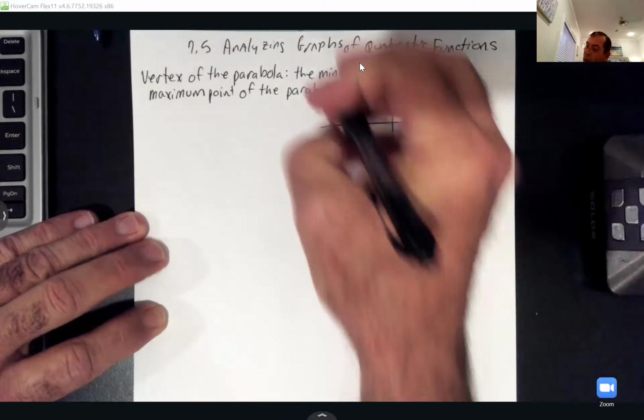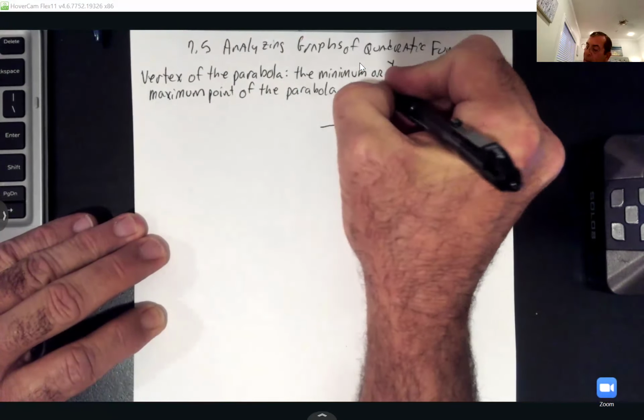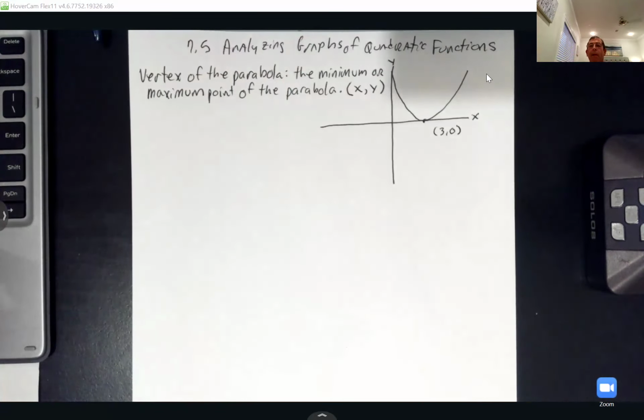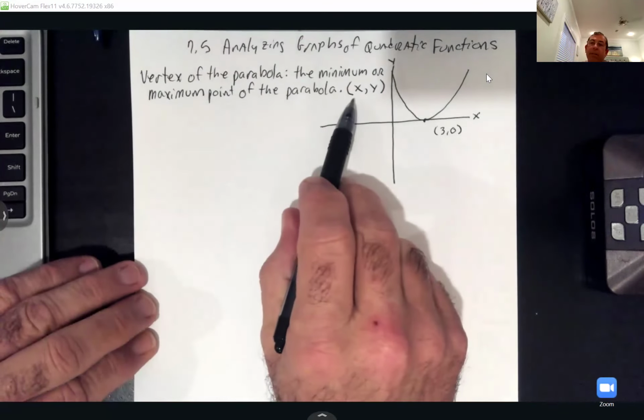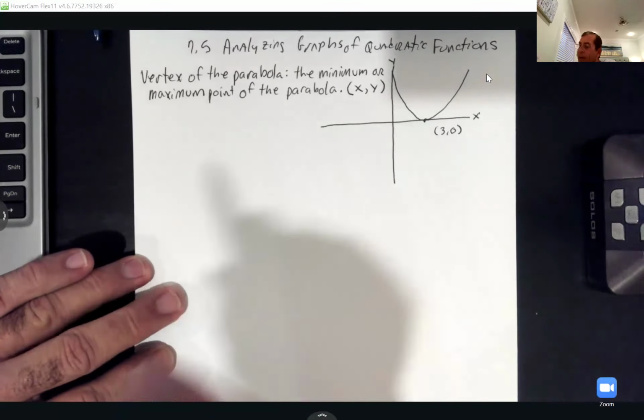So since it's a point, remember, this vertex will have an x value and a y value, okay? Now, these x and y values of the vertex are going to come in handy.